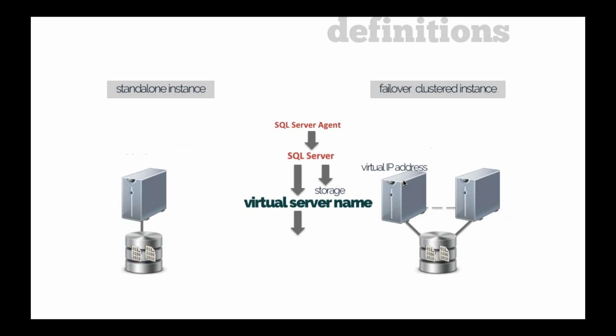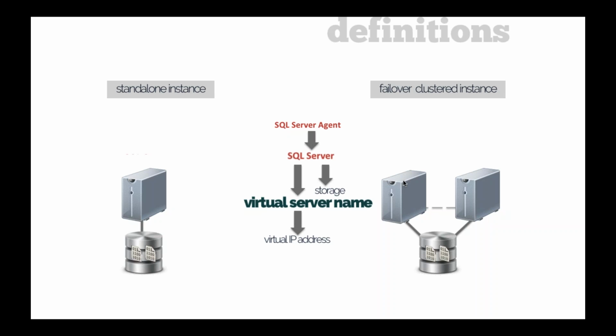Next, we have the virtual IP address. The virtual server name is dependent on the virtual IP address. Now take a step back and recall how I showed the dependency of the entire cluster on Active Directory and DNS.